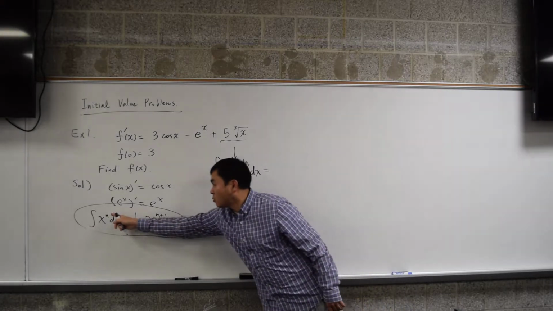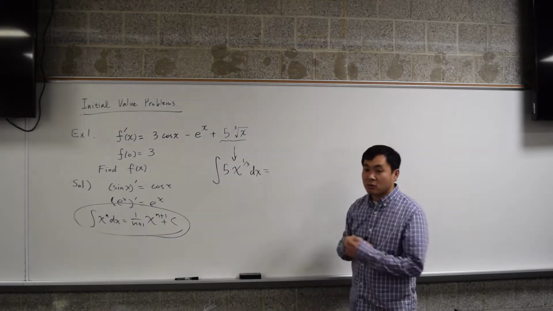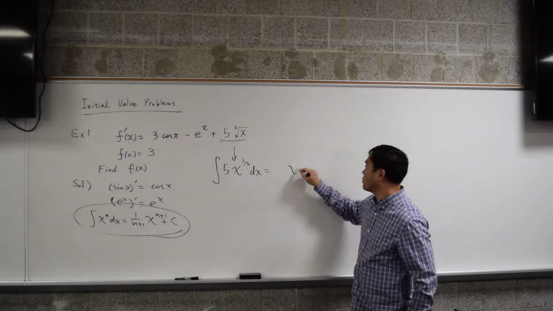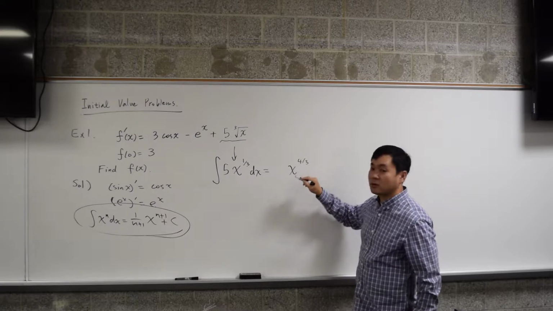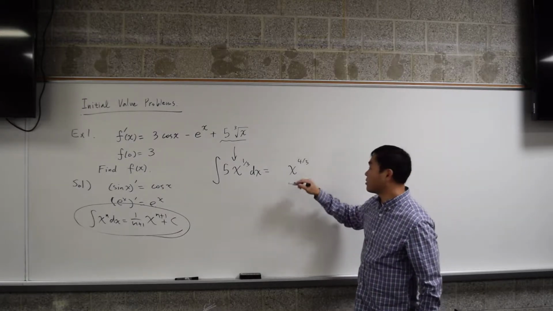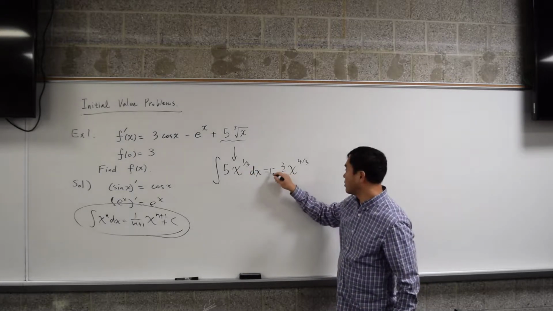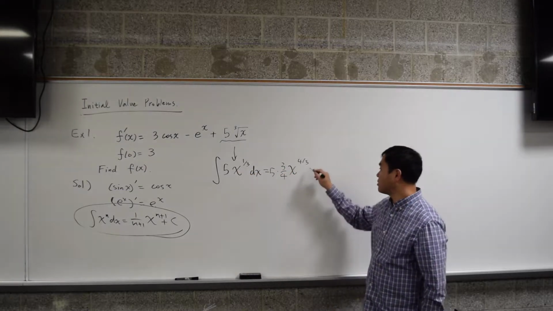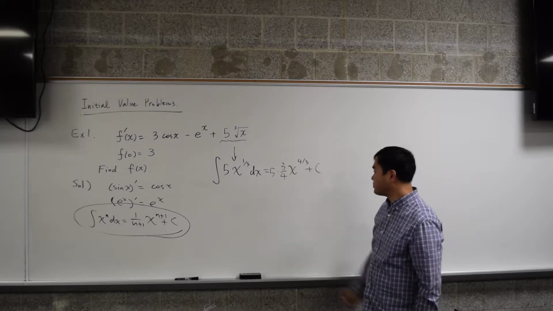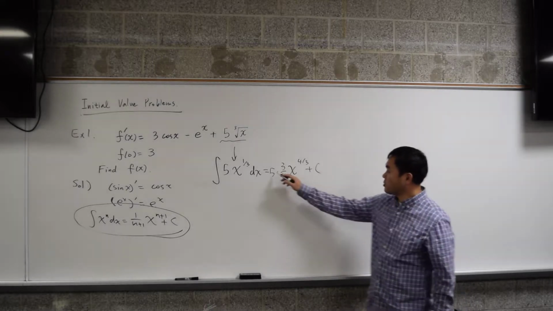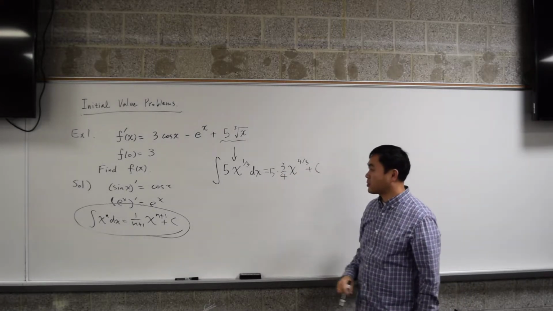What's 1 plus 1/3? 4/3. And what do you put in front? 3/4, the reciprocal. There's a 5 there before, so you put this plus c, and that must be 15 over 4, x to the 4/3.